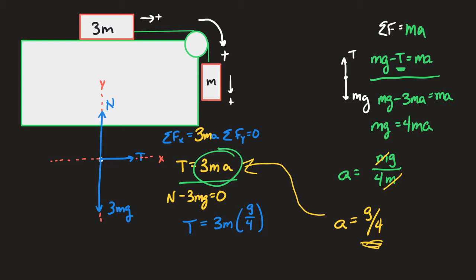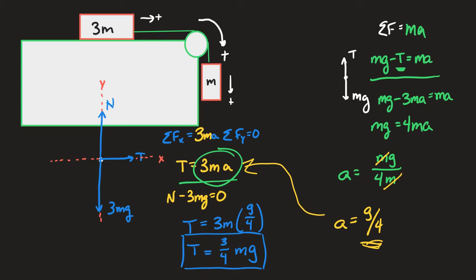Now you could stop here, but no, I would like you to go a little further and collect the numbers. 3/4 force mg. You won't be marked off if you write yours as 3m times g over 4, but you do understand why I'd prefer to see it as 3/4 force mg, right?